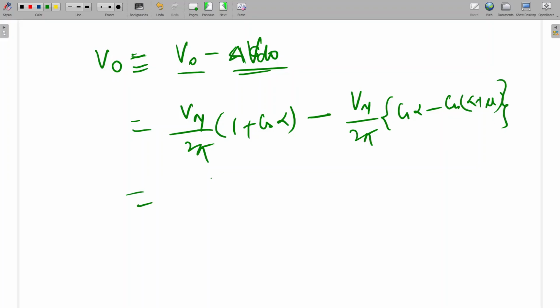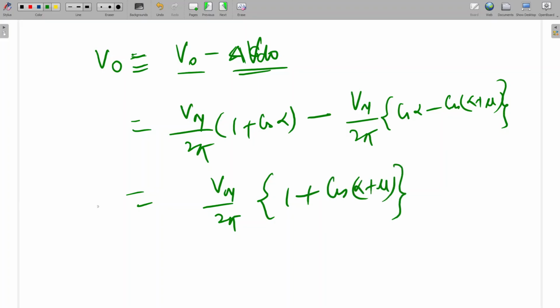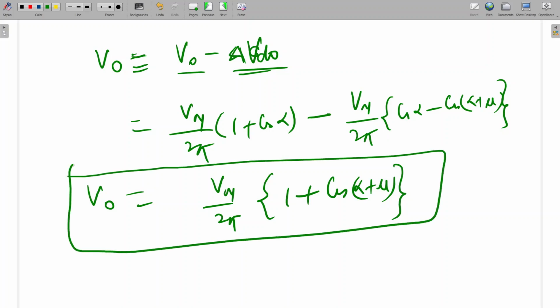So that will be Vm upon 2 pi times 1 plus cos alpha plus mu. So this will be the output voltage. Is it clear to all?